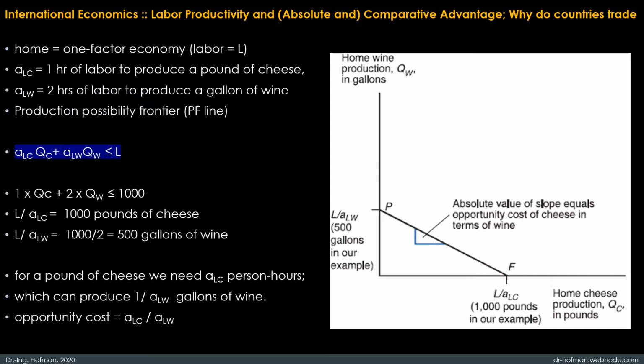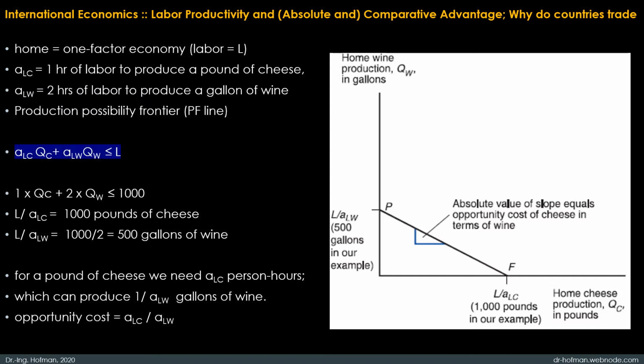The technology of Home's economy can be summarized by labor productivity, expressed in terms of the unit labor requirement, the number of hours of labor required to produce a pound of cheese or a gallon of wine. For example, it might require 1 hour of labor to produce a pound of cheese, 2 hours to produce a gallon of wine.